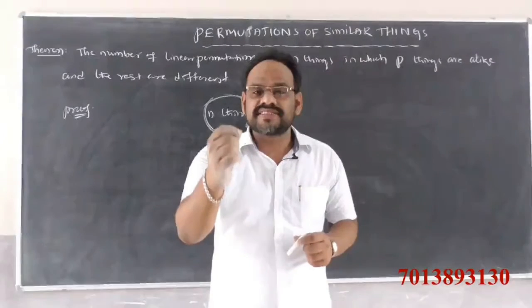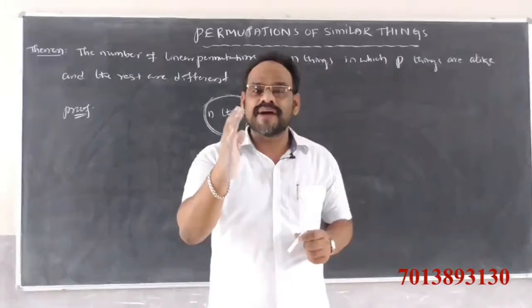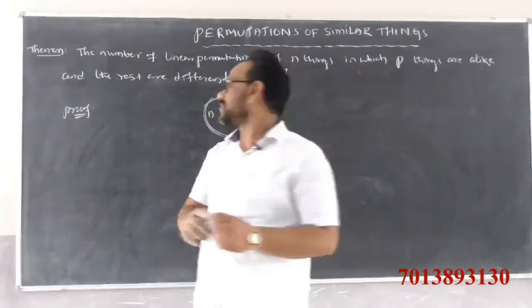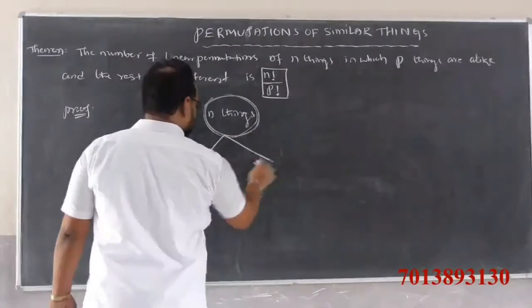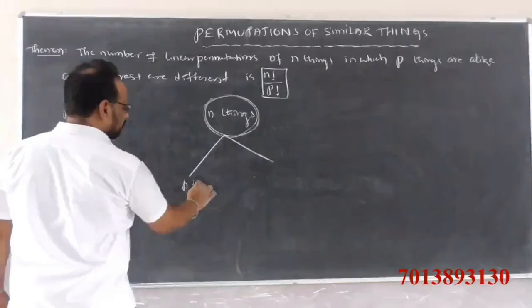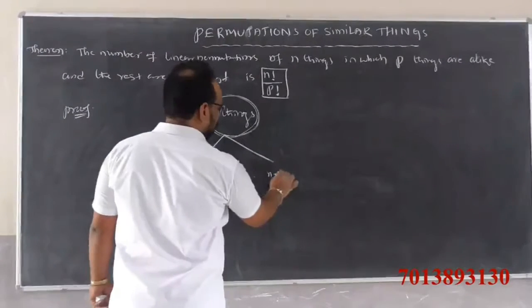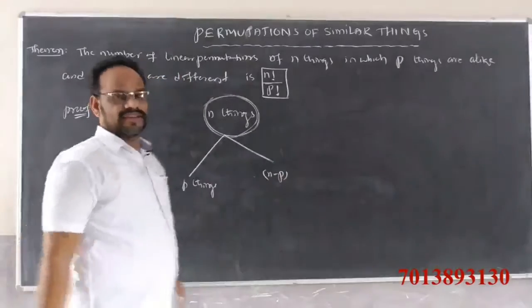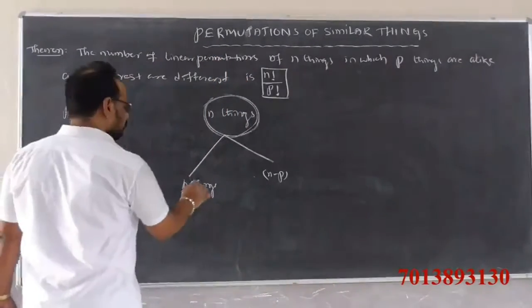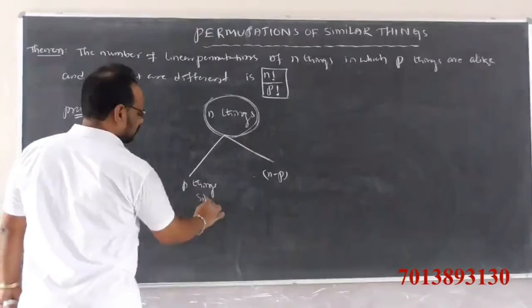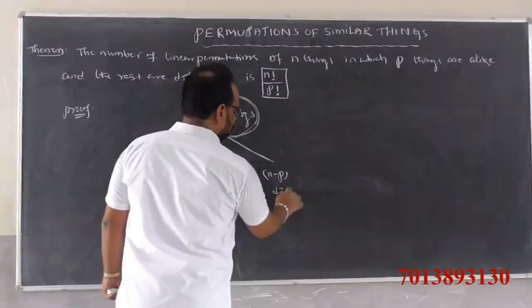It contains p alike things and n minus p different things. That means of the n things, p things are alike and n minus p things are different, dissimilar things.